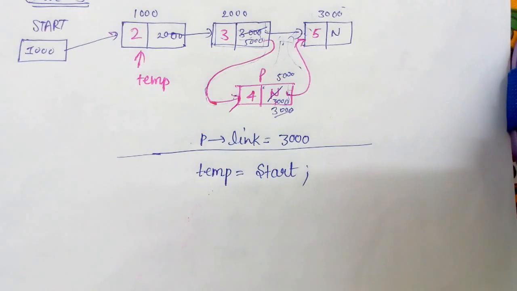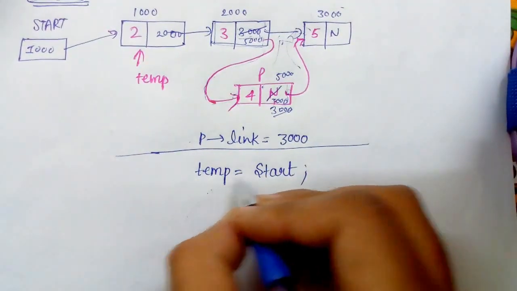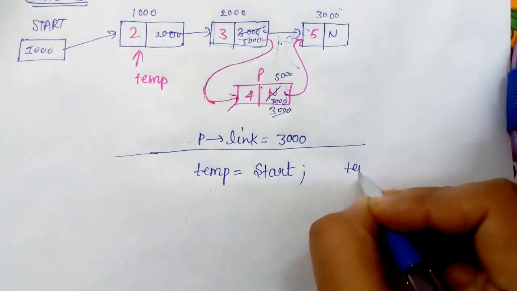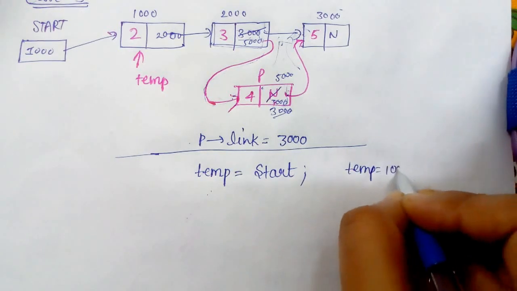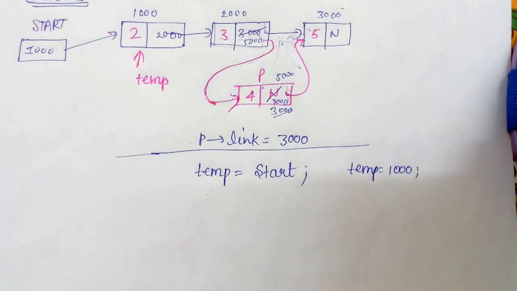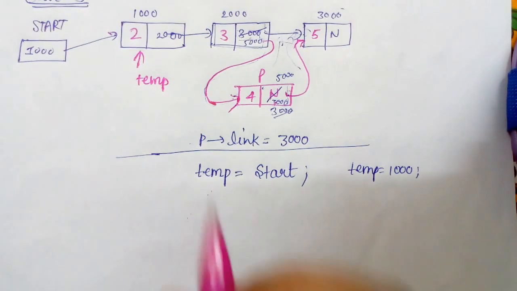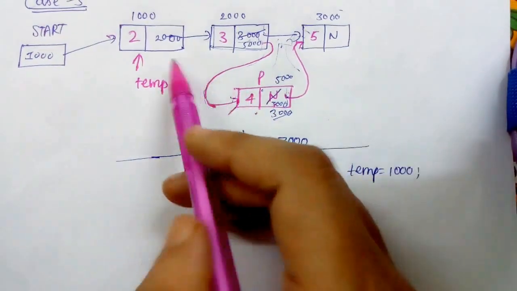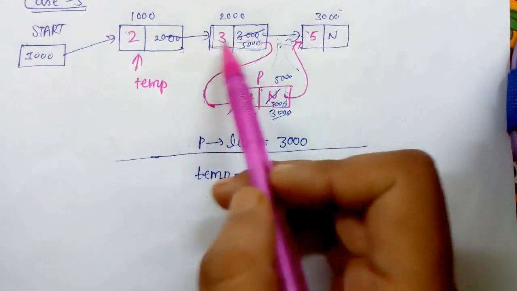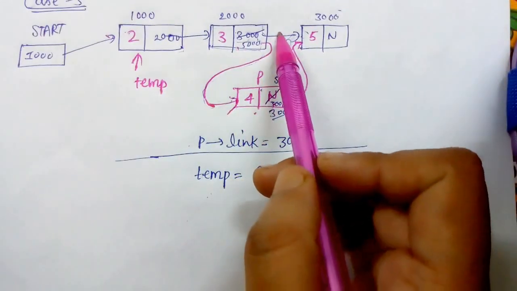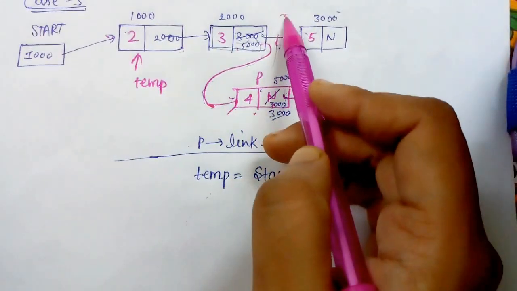Okay, now in the temp, what is the value? 1000. Temp is pointing at 1000. Now you can see that if the position is third, this is the first node, this is the second, and at position third we want to insert.